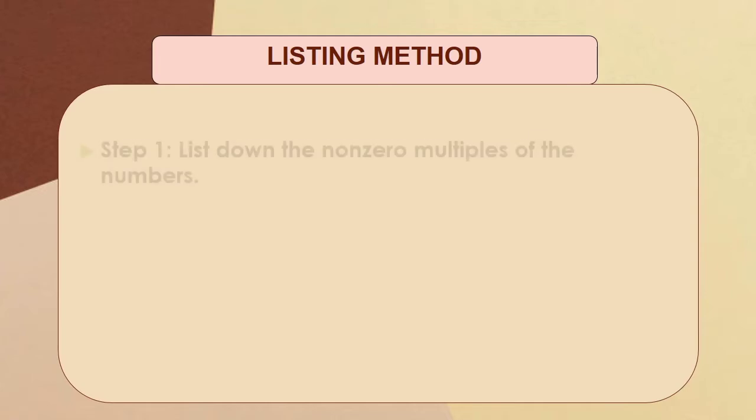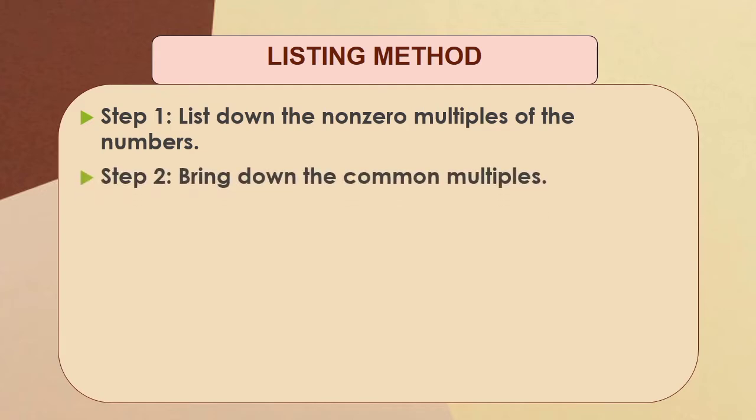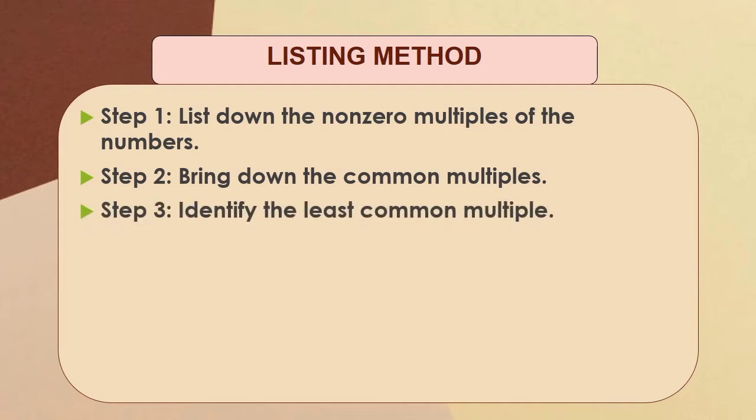Listing method. Step 1. List down the non-zero multiples of the numbers. Step 2. Bring down the common multiples. Step 3. Identify the least common multiple. Example: find the LCM of 2 and 3.